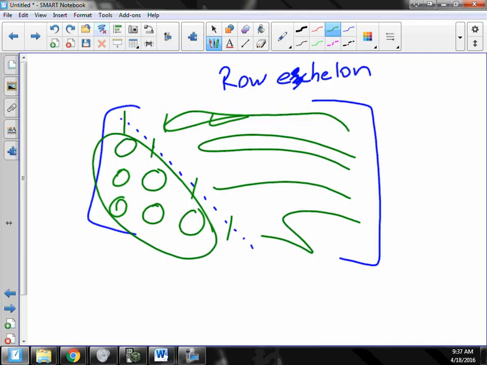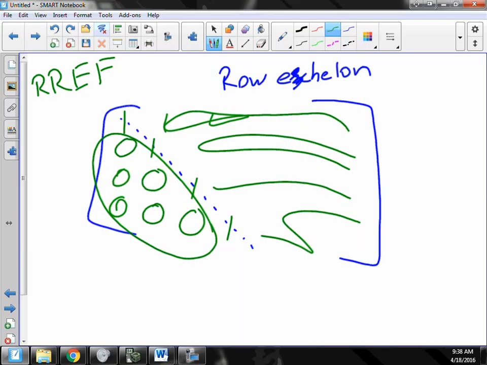Now, if you remember back to when we solved matrices using our calculators, what button did we use to solve them? We went matrix, then we went to math, and we found the calculation called, remember what it was? We used the button called RREF.